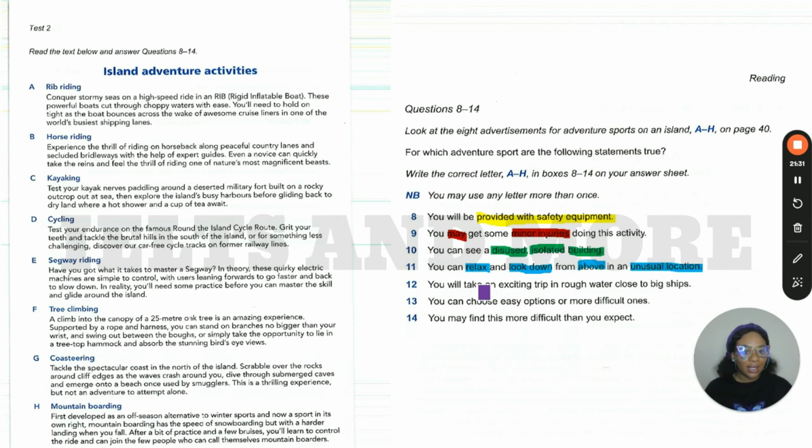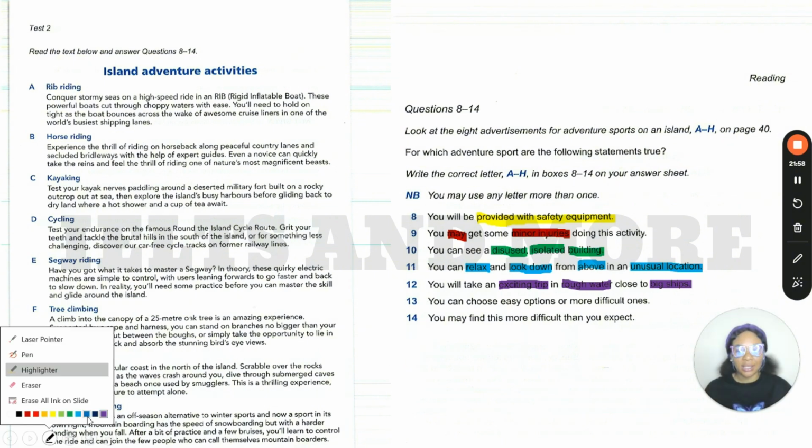You will take an exciting trip in rough water. Exciting trip in rough water. That means water is not calm. Okay, it's probably stormy. Close to big ships. Okay? Then you have number 13.